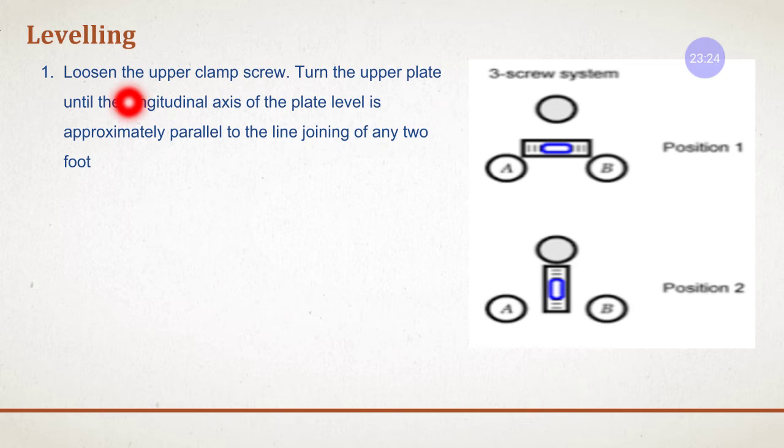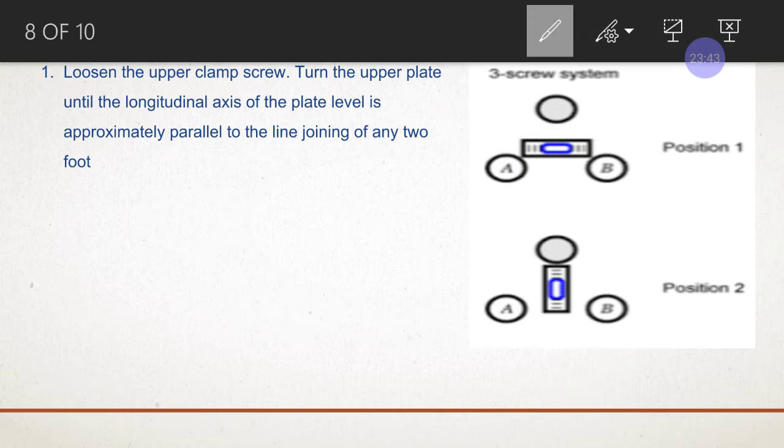What we're going to do is, first you're going to loosen the screws, right? You're going to loosen the screws first. Once you loosen these three screws, you're going to turn this in such a way that this bubble tube is parallel to the, see, this is the bubble tube, right?